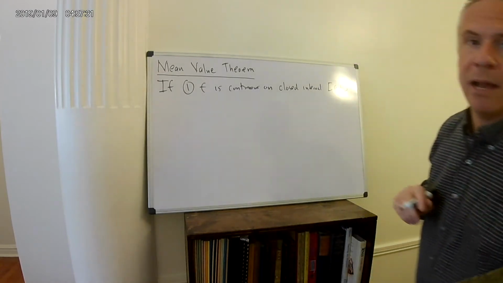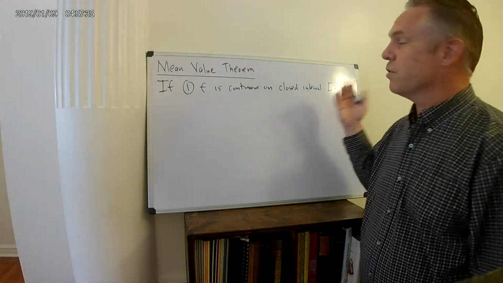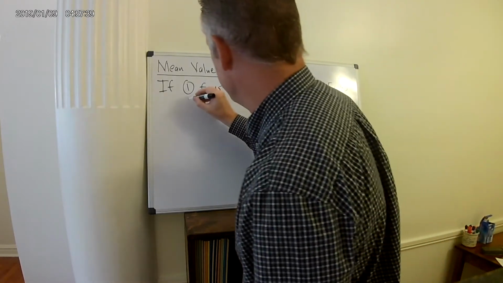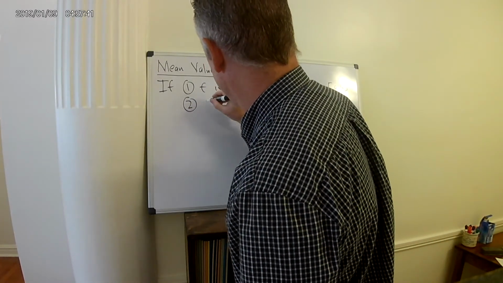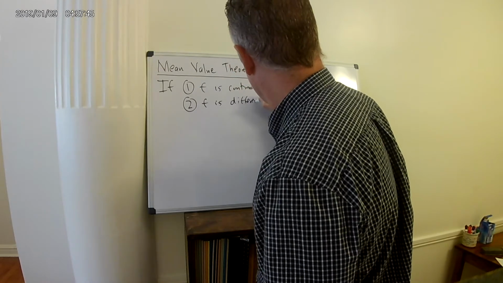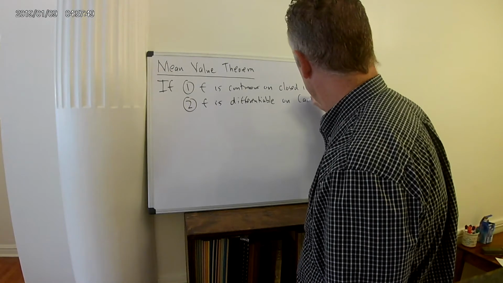So again, imagine we have some function and we're interested in learning about this function on a certain interval AB. F is continuous on the closed interval AB, and f is differentiable on the open interval AB.